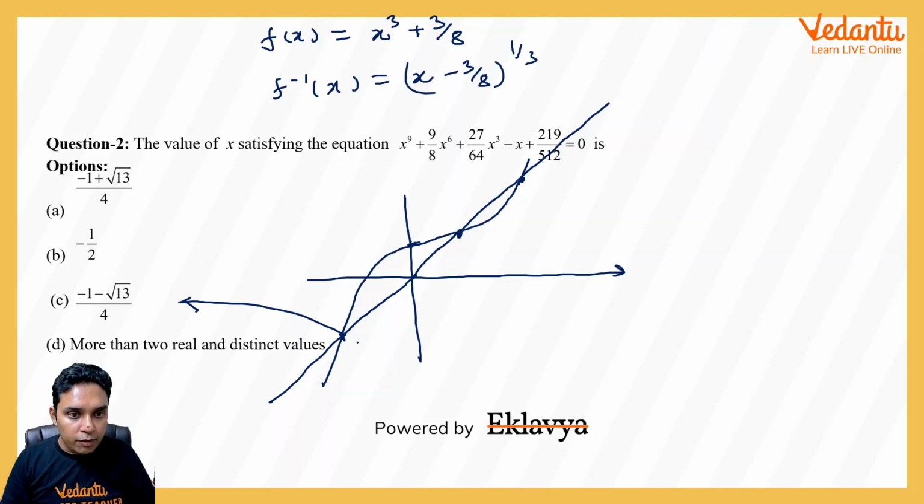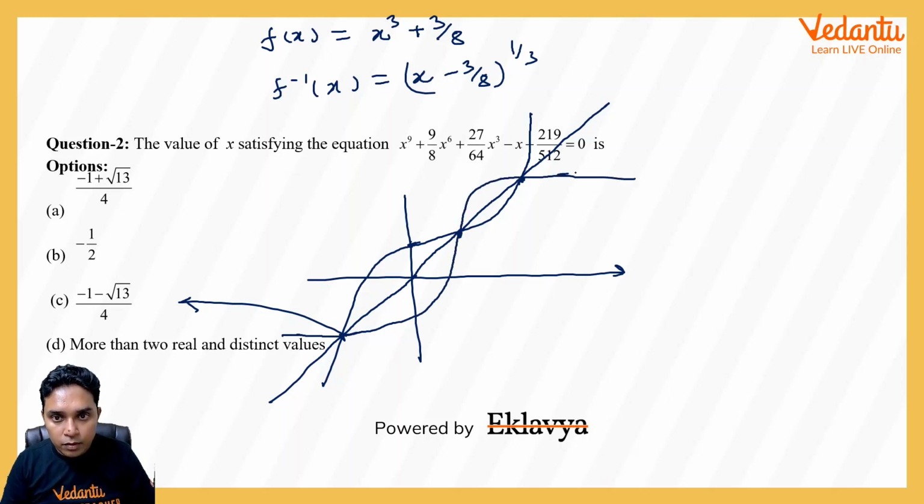Now if I draw the graph of f inverse, which has to be the mirror image in the line y is equal to x, keeping that in mind, it will be like this. So you can see that it looks like there will be only 3 solutions for f(x) equal to f inverse x, because there is no chance that they can come back and meet at any other point than these 3.